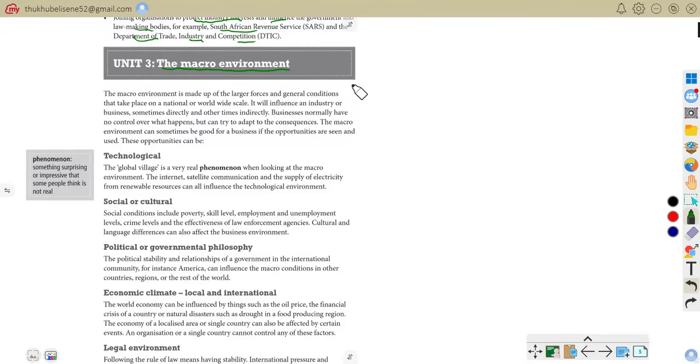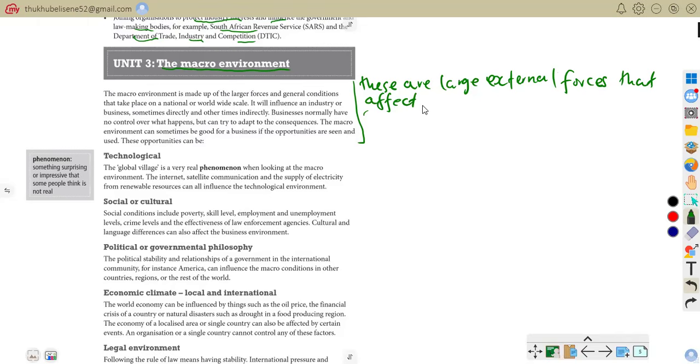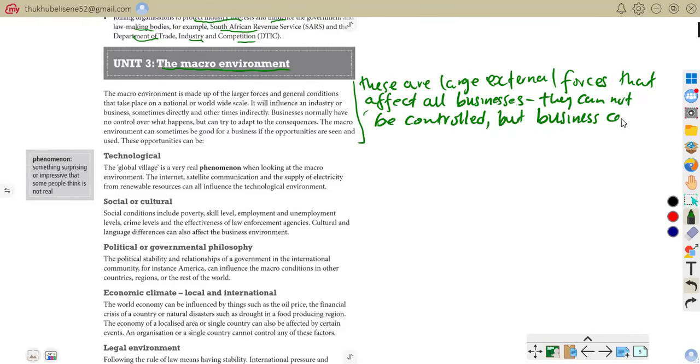We are talking about large external forces that affect all businesses. They cannot be controlled, but the business can adapt to them.